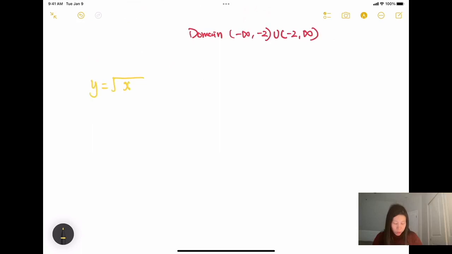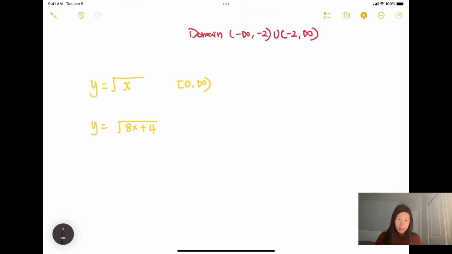So we know that everything under the square root has to be a positive number or 0. So it would be 0 to infinity. But if I'm going to draw the graph like the square root of 8x plus 4, so what would that be?